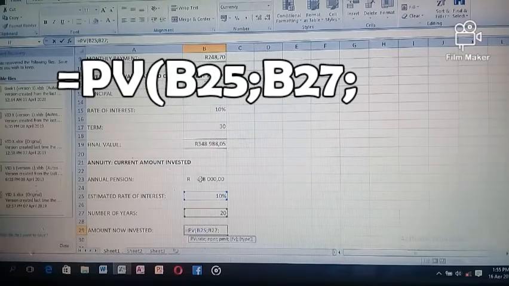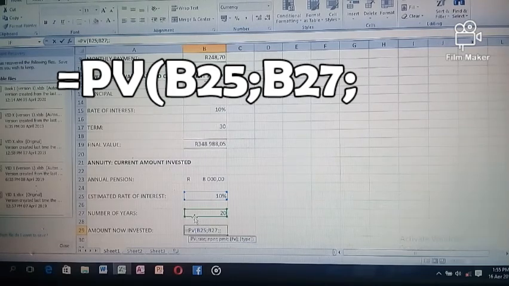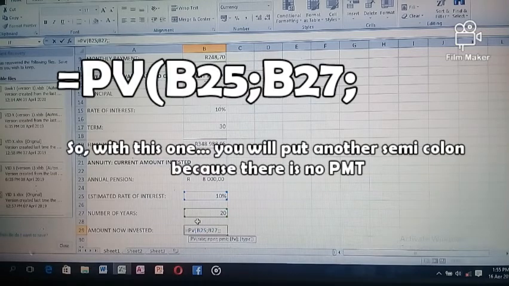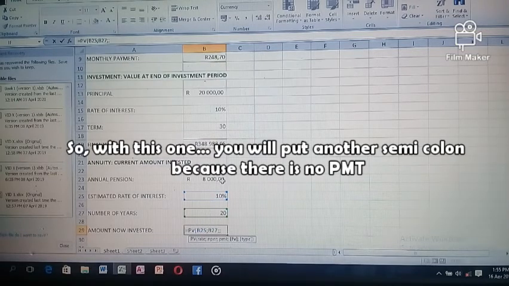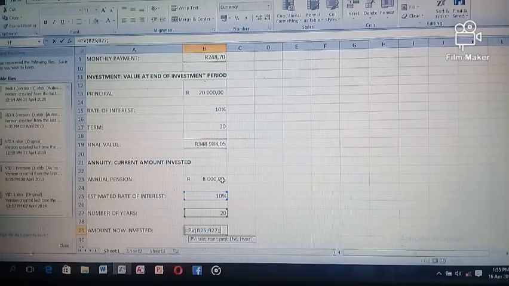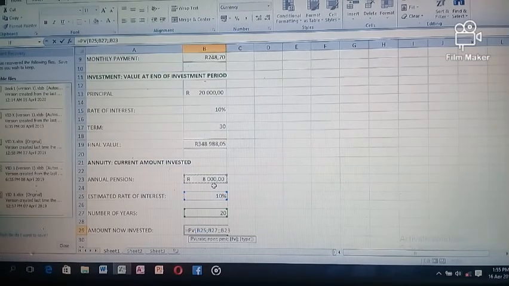PMT cannot be our PMT here, so you're gonna put a semicolon rather, and for future value, which this amount is 8,000, you're gonna put 8,000, close brackets.